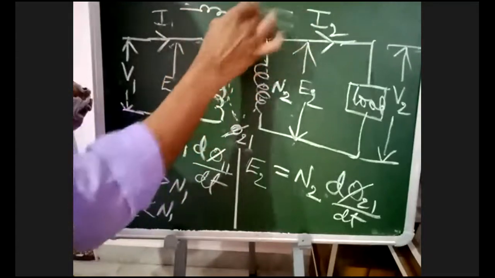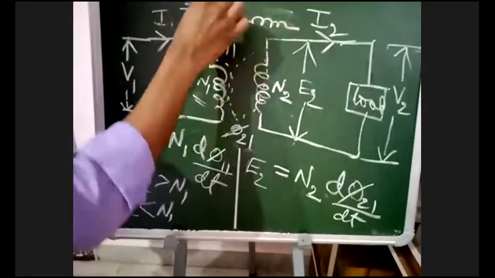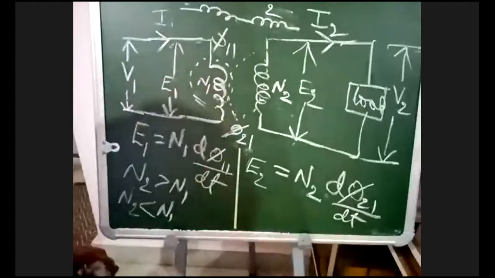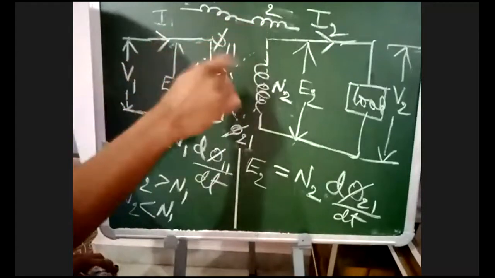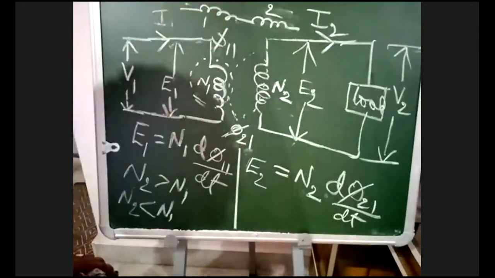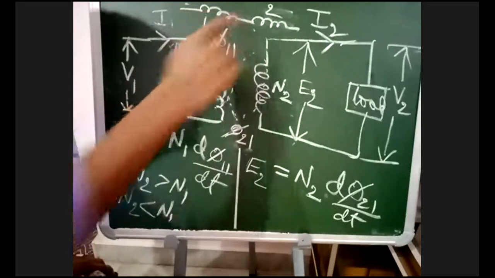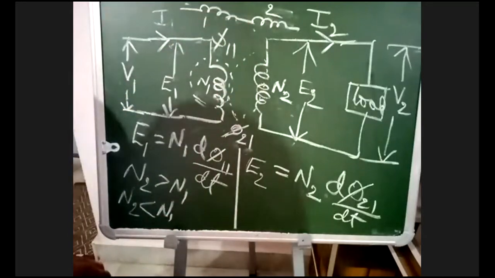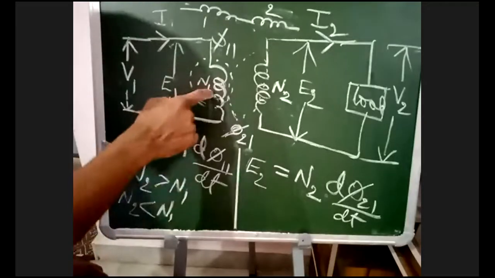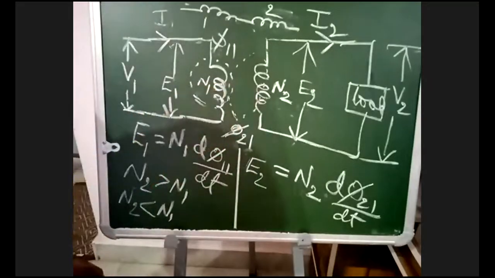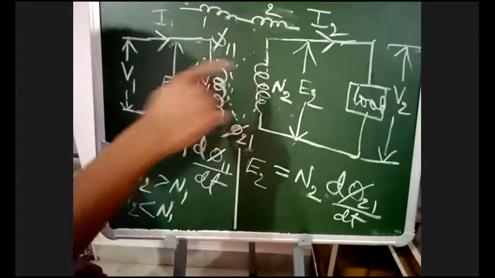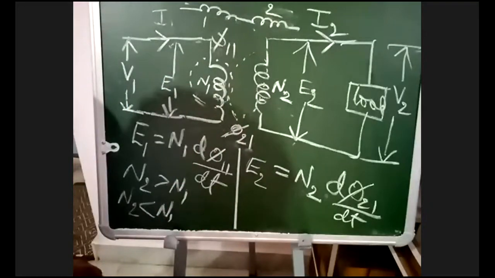This is the first coil, this is the second coil. If there is an electrical connection between the first coil and second coil, then it is called mutual conduction. But here there is no connection between these two coils. That's why it is called mutual induction.